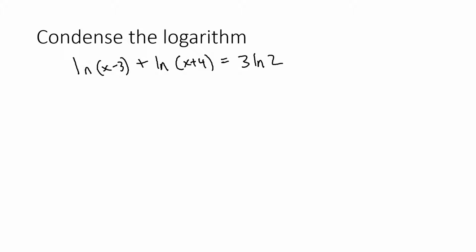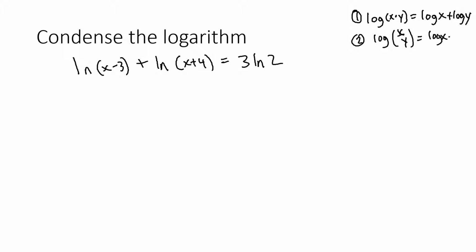Well, we can use our properties. We know that the first property says that if we have multiplication, it's the same as log plus log. The second property says that if we have division, it's the same as log minus log.